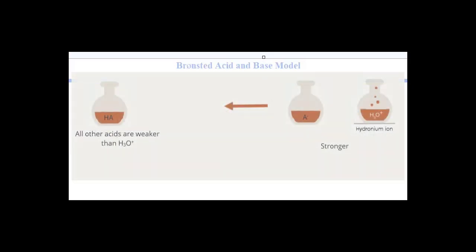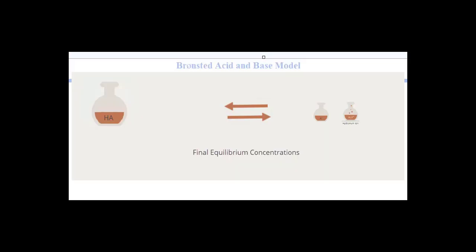Aside from the 6 strong acids, all the other acids, HA generally, are significantly weaker than the H3O+, the hydronium ion. So if you dump in some of this weak acid into water, it's going to try and donate its proton to the H2O to make H3O+, but the H3O+ is so strong in terms of its acid strength that that's going to make the reaction go backwards, and you have very, very little of the HA successfully acting as an acid.